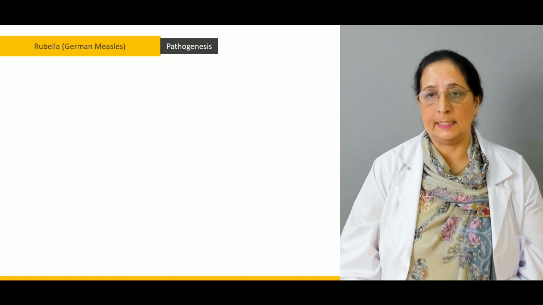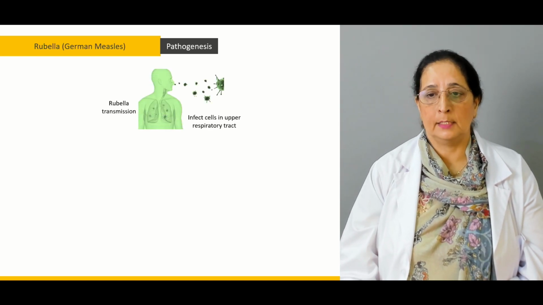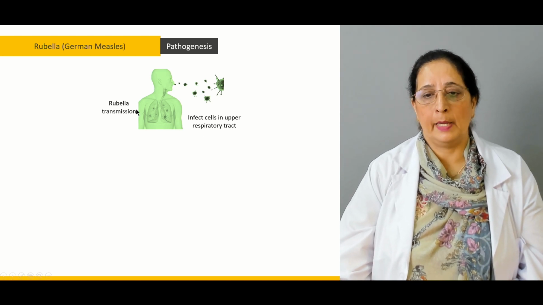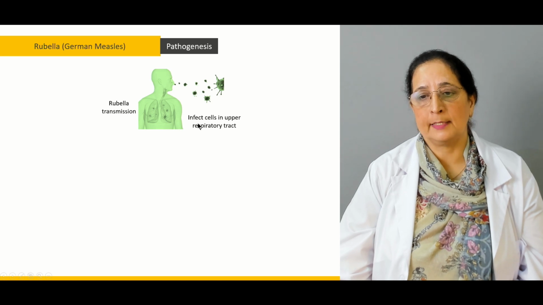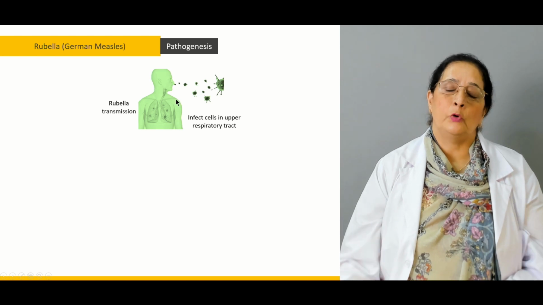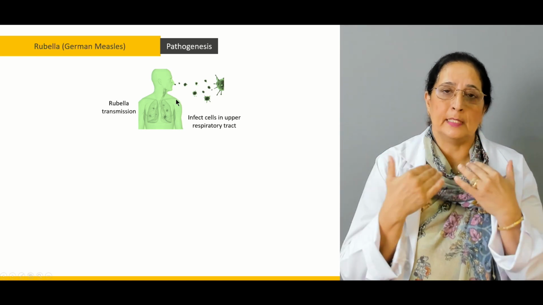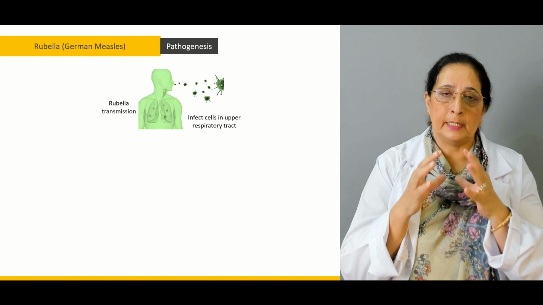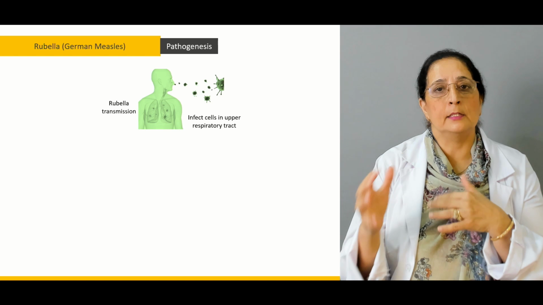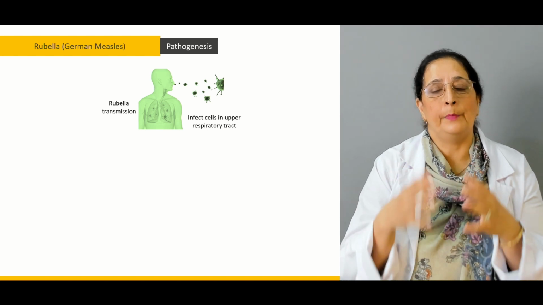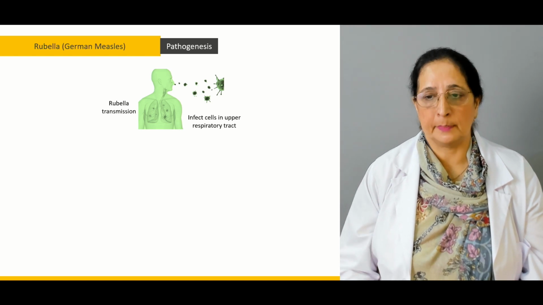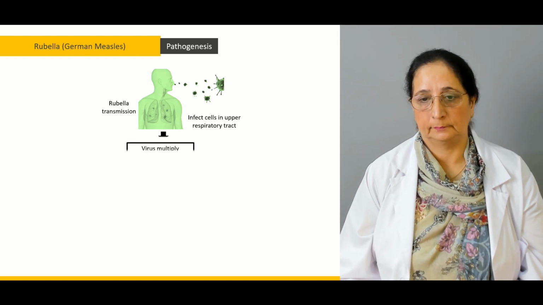Regarding pathogenesis, how it occurs: rubella transmission infects cells in the upper respiratory tract. It can be transferred as a result of aerosol or droplet inhalation, and it affects the upper respiratory tract.